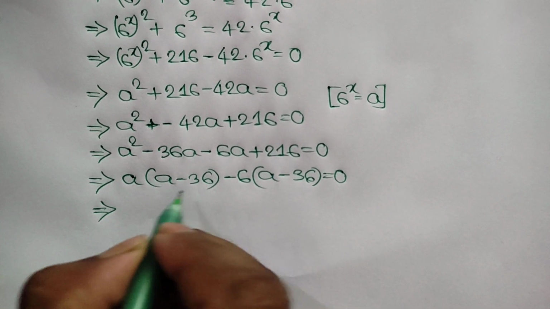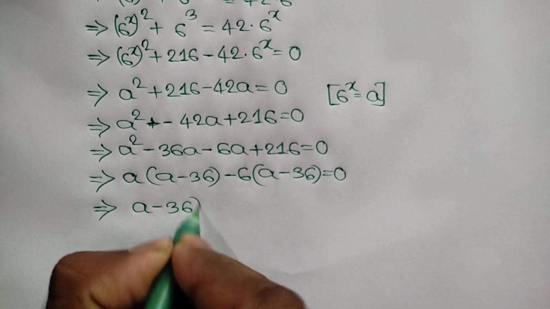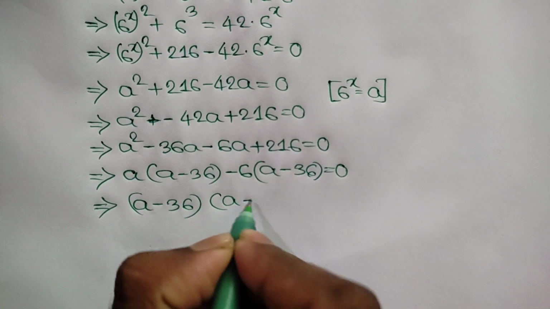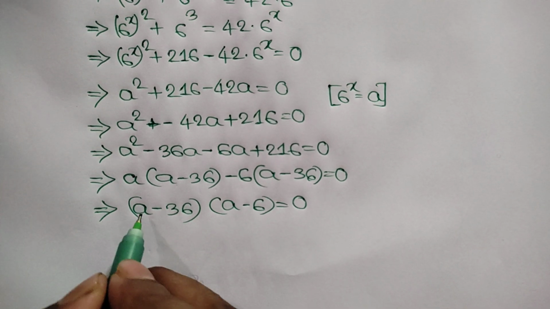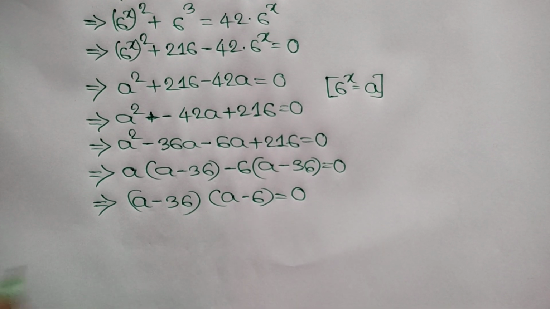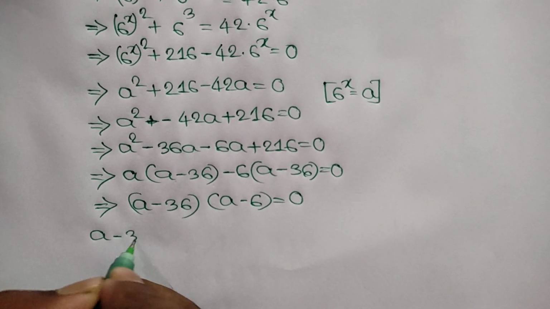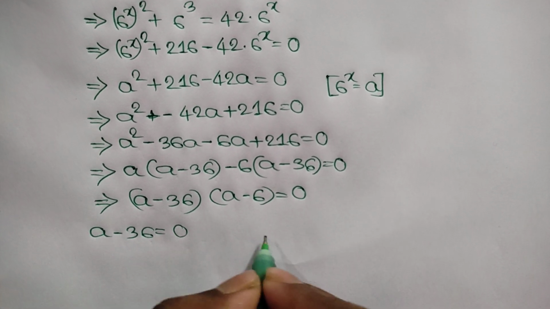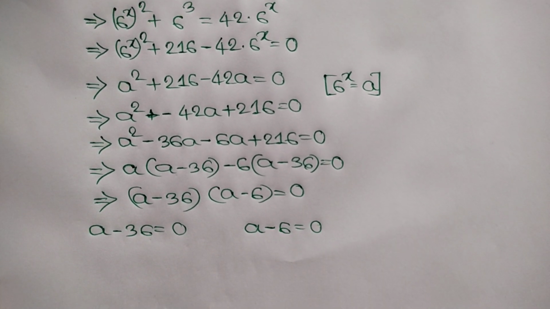Taking common a minus 36, we get a minus 36 times a minus 6 is equal to 0. So a minus 36 is equal to 0 or a minus 6 is equal to 0.